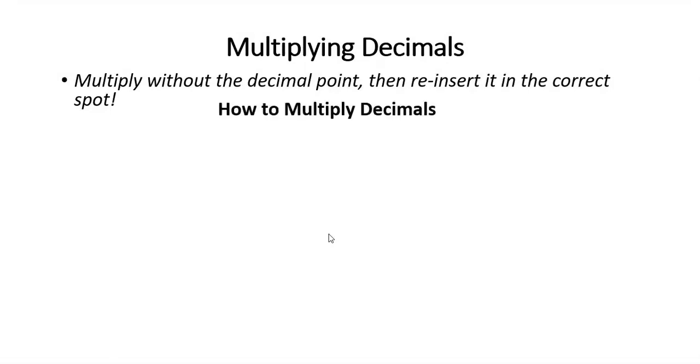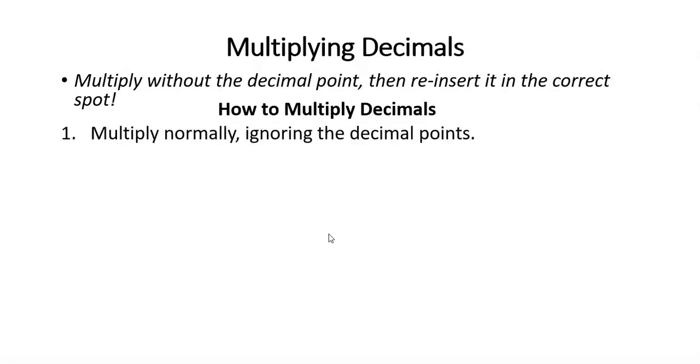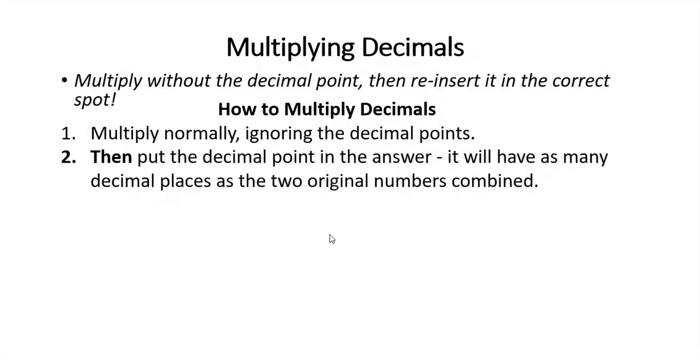Okay, so now let's see how to multiply decimal numbers. Number one, multiply normally, ignoring the decimal. So we're going to ignore the decimals when we're multiplying by taking them out. Two, put the decimal point in the answer. There will be as many places of decimal as the two original numbers combined.